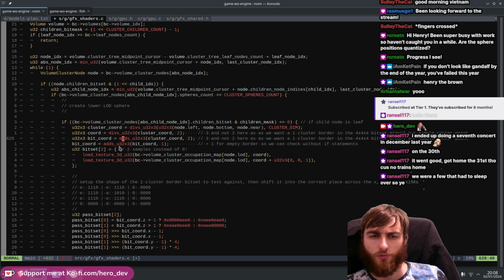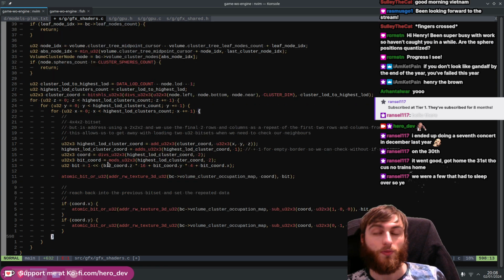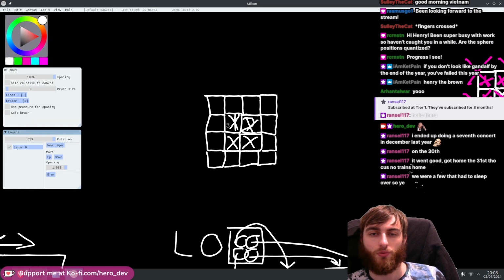So I'm curious, are we doing that in the right place before? Like, we're inconsistent here, is that fine? So it's a 2x2x2. Yeah, the add has to happen before.